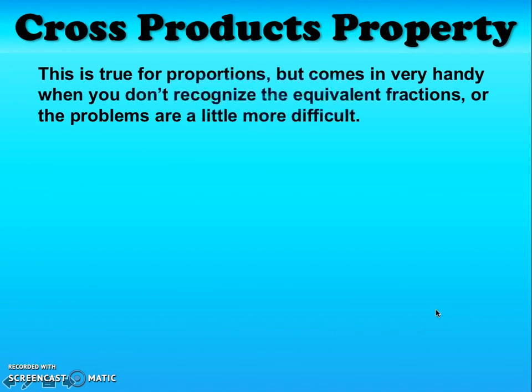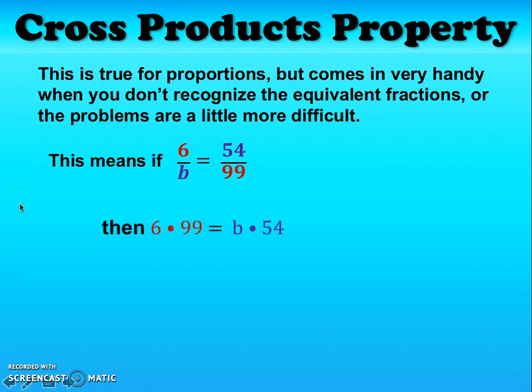Now this is useful because sometimes I don't know what the equivalent fraction would be, or I've got some variable in there and I have to solve for it. So I'm going to use my cross products property to solve here, all right? I'm going to look at my extremes and my means. So I'm going to have 6 times 99 equals B times 54. 6 times 99.